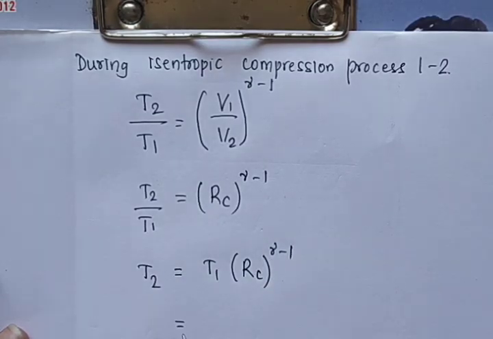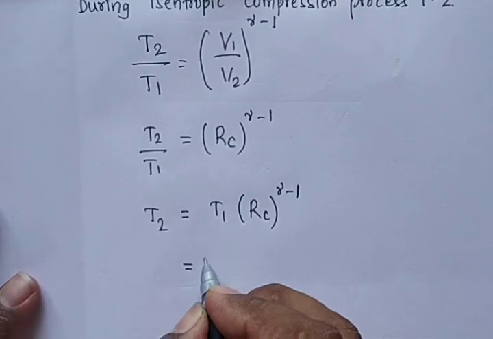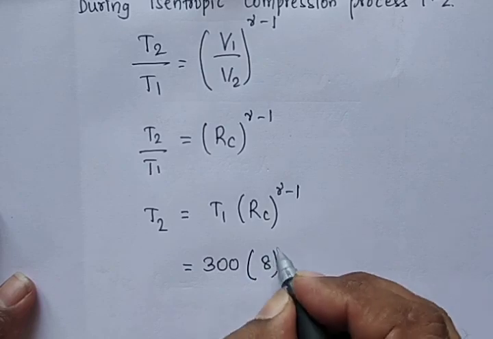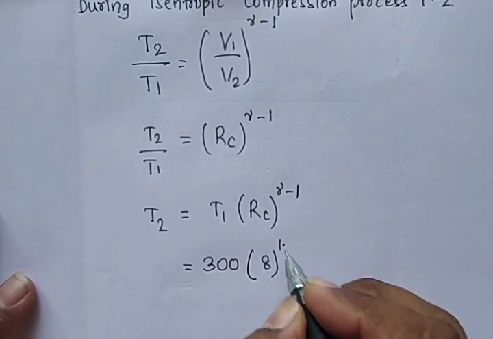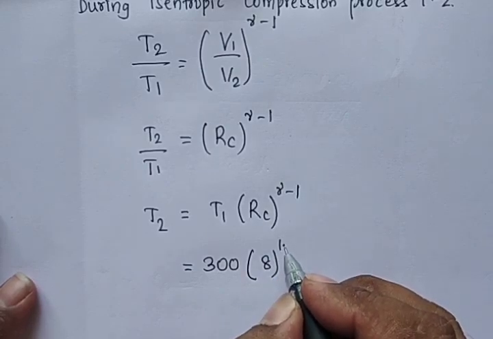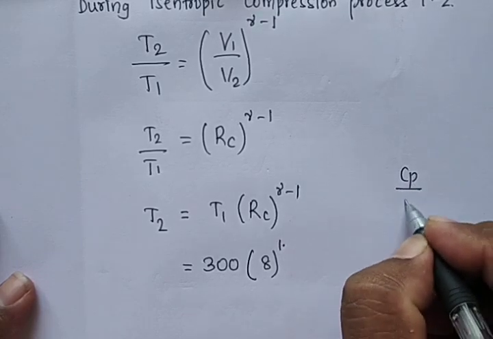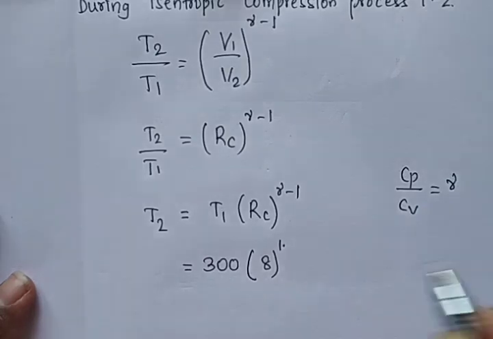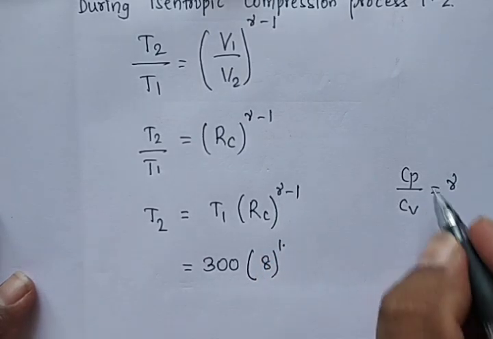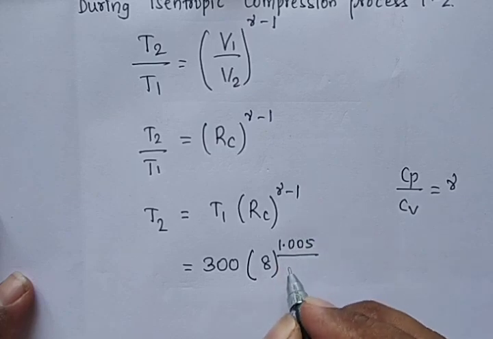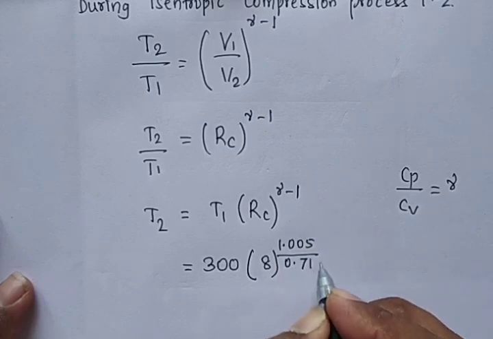So T1 is given in the problem, it is 300 Kelvin. rC is 8. Gamma is given to us. Cp by Cv is gamma, that is I can write gamma as Cp by Cv, that is 1.005 divided by 0.718.